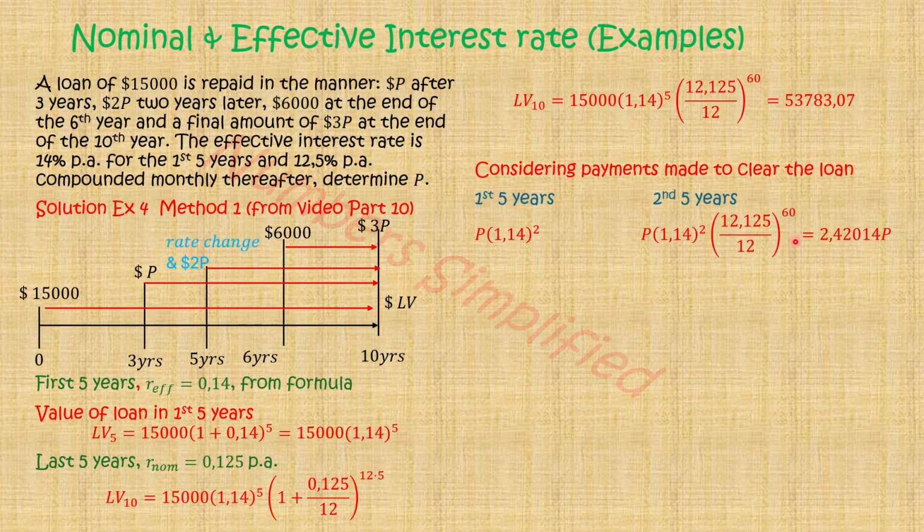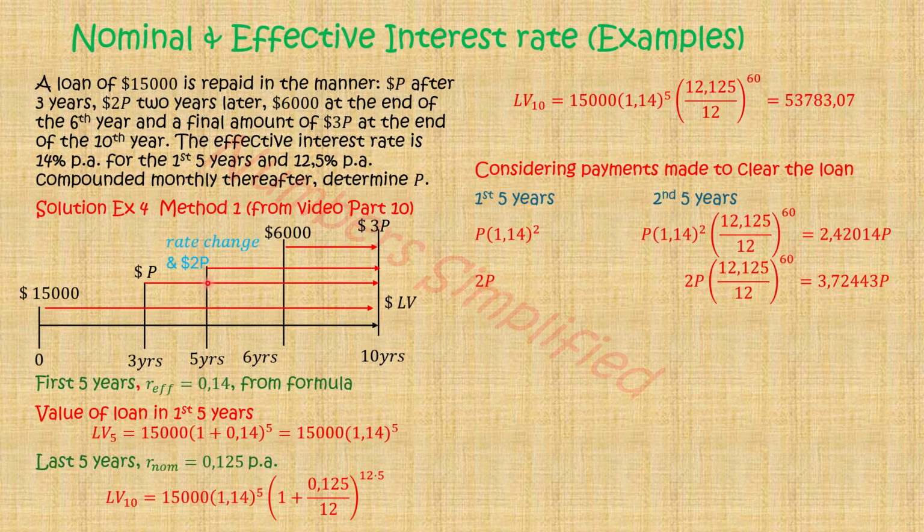And we know that we have 12 months within a year times the 5 years. And of course, we can move on to simplify and evaluate that so that we get 2.42014p. So we have kept our answer to 4 or 5 decimal places so that we at least preserve the accuracy of the solution. We move on to the second payment made.